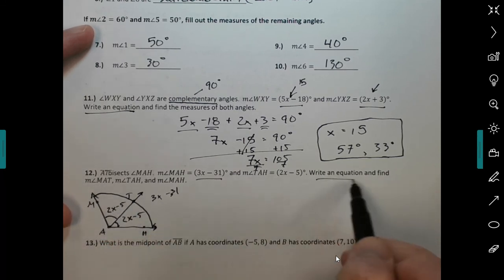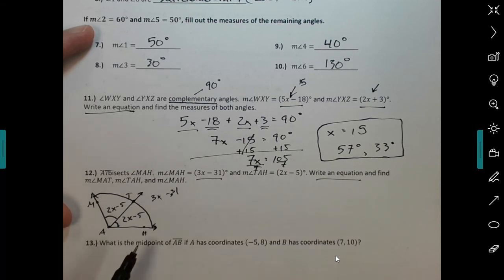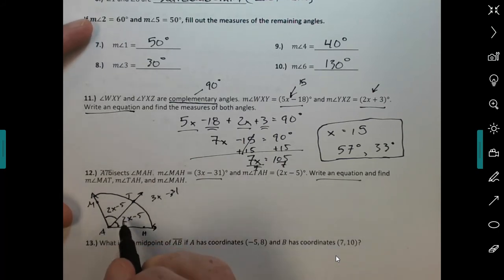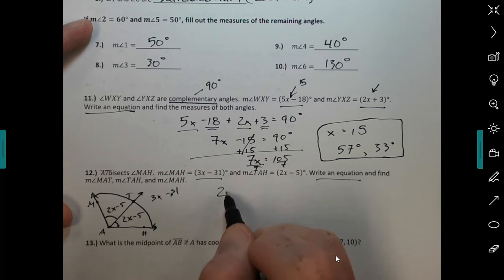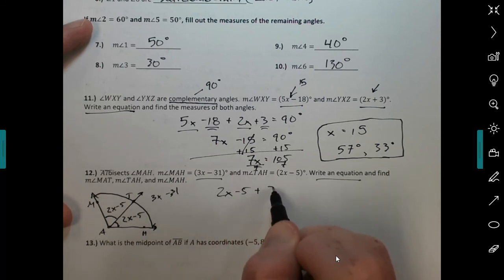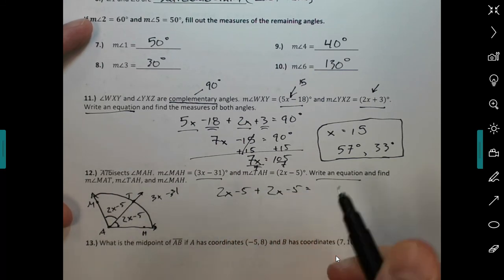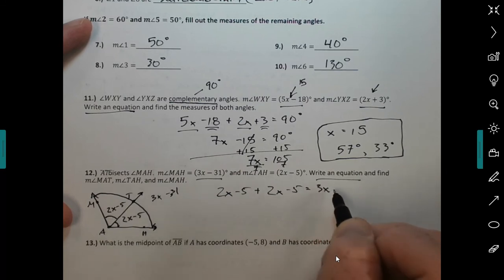I need to write an equation that 2x minus 5 would equal 2x minus 5, but making that equation is not going to help because everything would cancel out. But I do know from the angle addition postulate that if I take the two small angles and add them up, they have to equal the large angle.